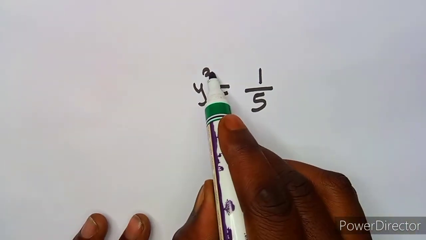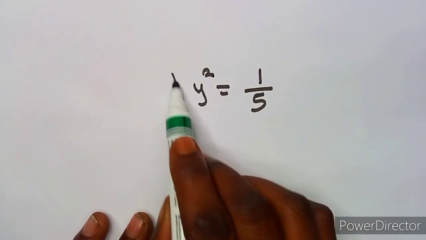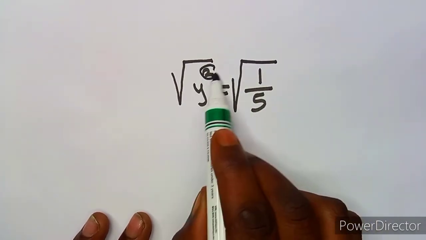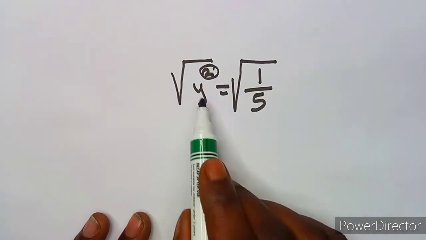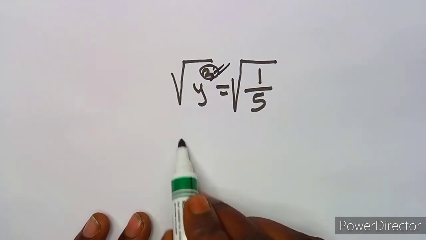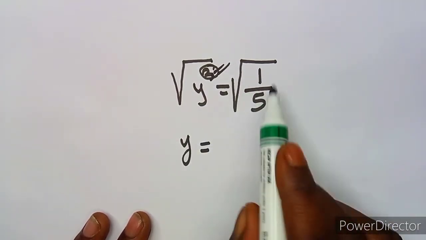This is y squared. You need to find the value of y. So to remove the square, you introduce the square root both sides. The moment you introduce the square root both sides, you have removed the 2, so you're now left with y, which is the square root of 1 over 5.